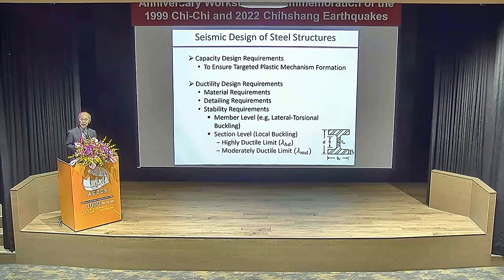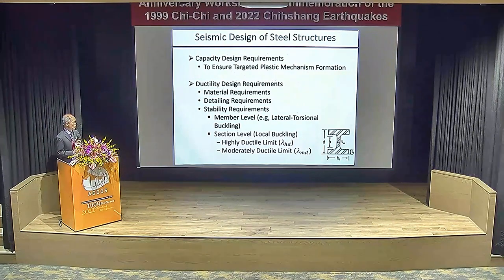We generally tend to think that the seismic code is full of ductility requirements. If you take a closer look at AISC 341, you realize the majority of the requirements are actually related to capacity design. As for the ductility design requirements, there are different kinds of provisions in terms of material, detailing, and stability requirements.